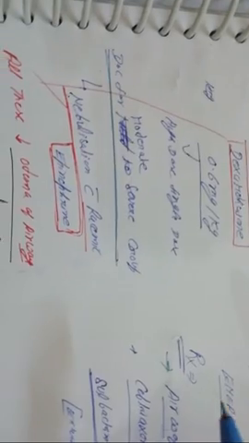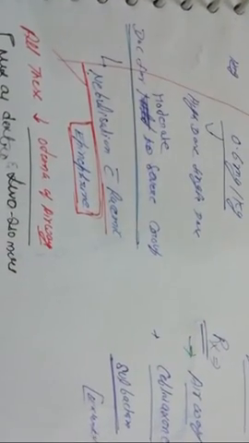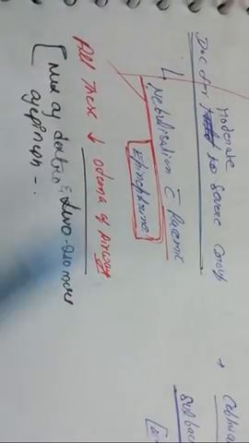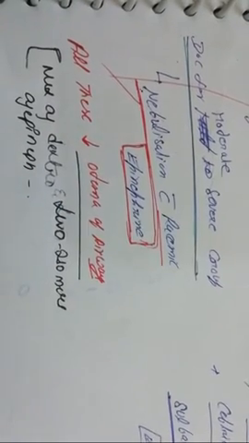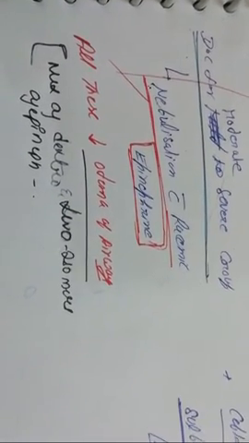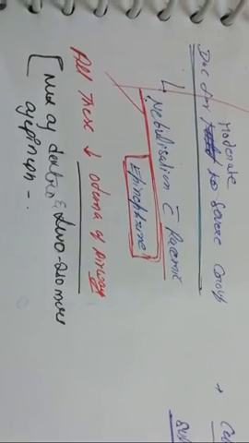If you look for the drug of choice for moderate to severe Croup, the drug of choice will be nebulization with racemic epinephrine. What do you mean by racemic epinephrine? It is nothing but a mixture of dextro and levo isomers of epinephrine, right? That's all you have to understand regarding nebulization with racemic epinephrine.